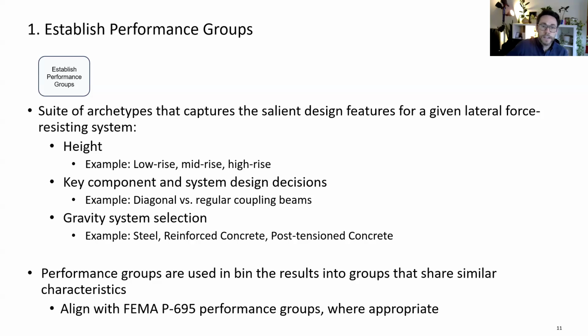So if we're evaluating a reinforced concrete shear wall, then we need to consider that the shear wall might be coupled with a steel frame for the gravity system, or maybe a concrete frame, or maybe a post-tension flat slab. So we need to consider all these different possible combinations. If we're thinking of a buckling restraint brace frame, maybe this is less of an issue because that system is generally only used with a steel frame for the gravity system.